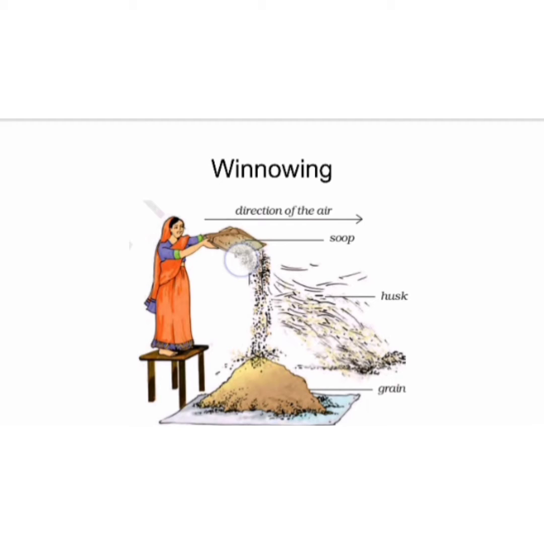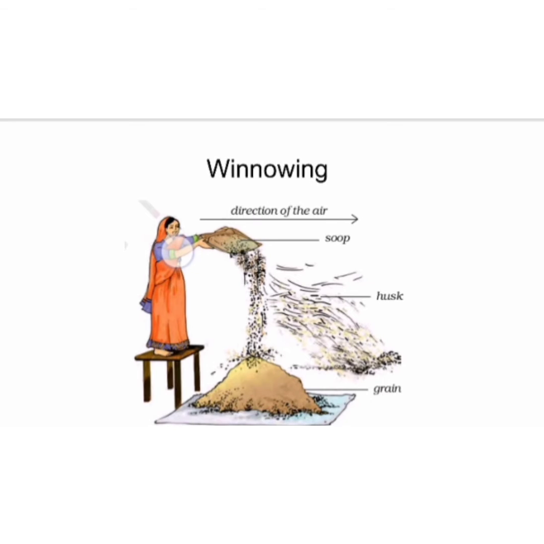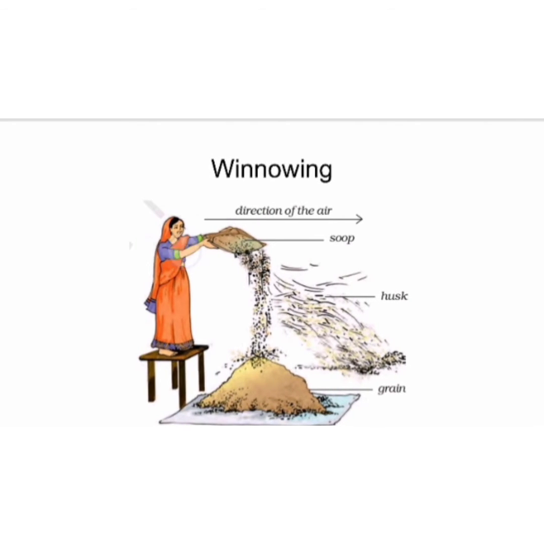Hold the plate at shoulder height like this, and move it slightly so that the mixture slides out slowly. The mixture falls down slowly. This method of separating the substance is called winnowing.